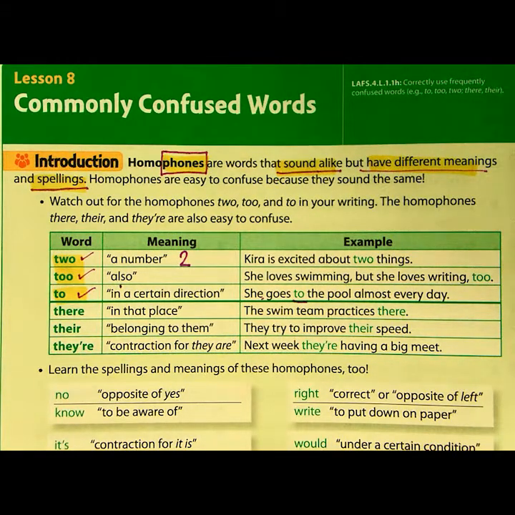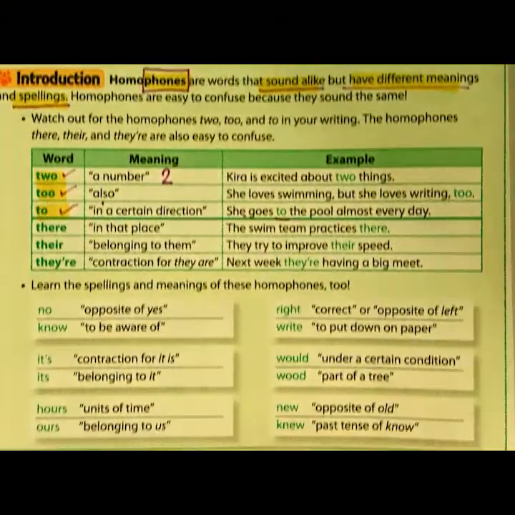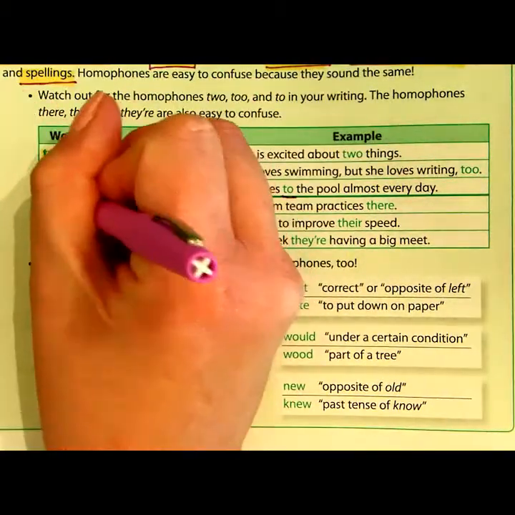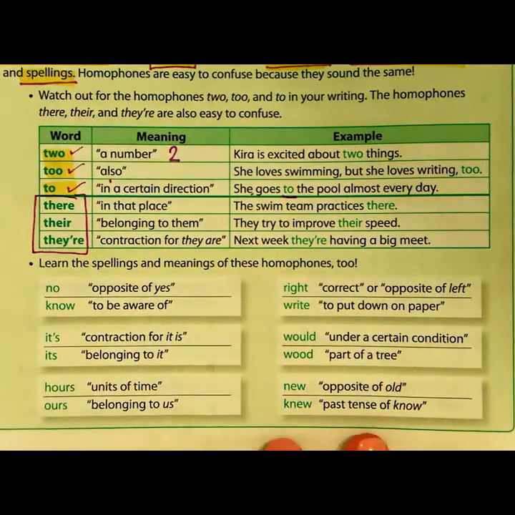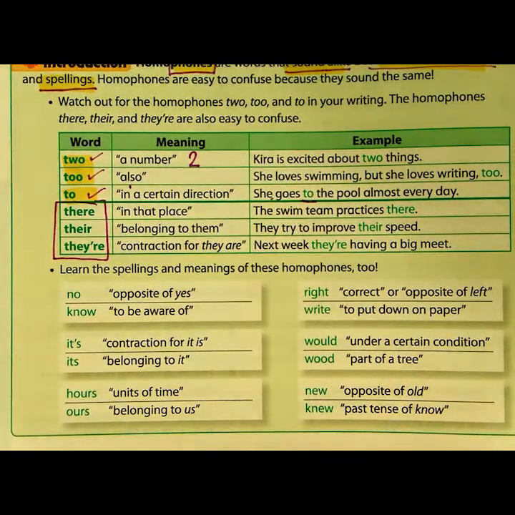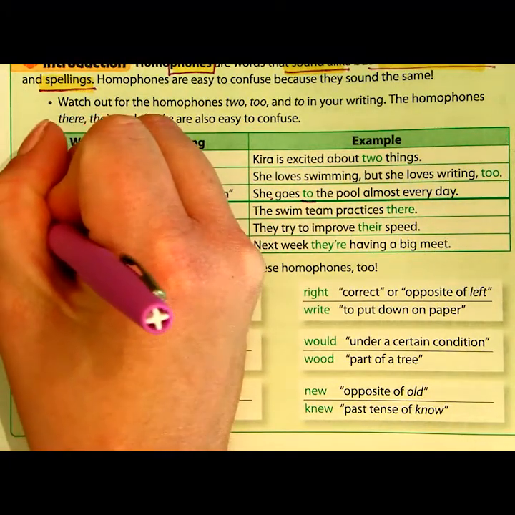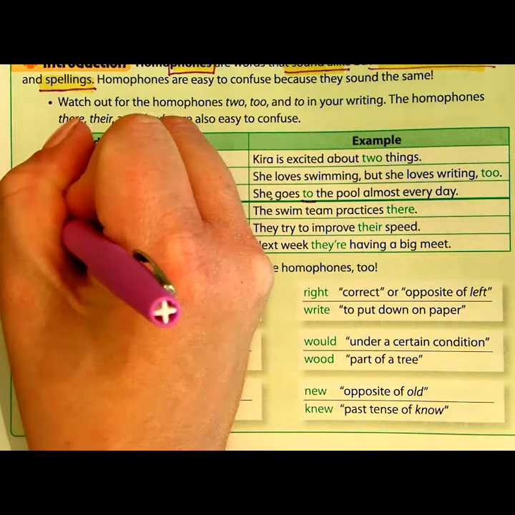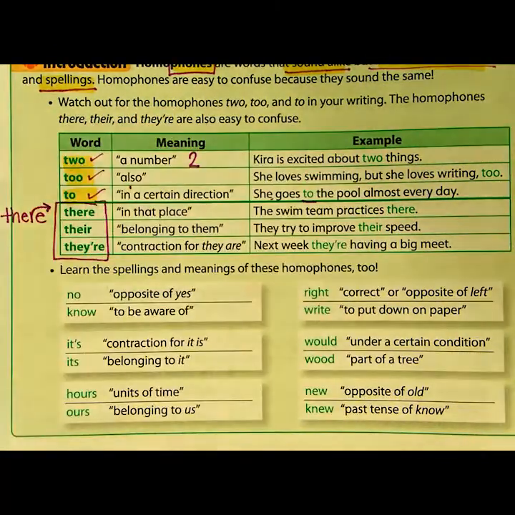In the next set of commonly confused words, I think this is probably the most common set right here. There, their, and they're. So what I tell students to remember, if I were going to write out there, I would turn the R into almost an arrow, like pointing in a direction, like in that place, going in that place or in that direction.